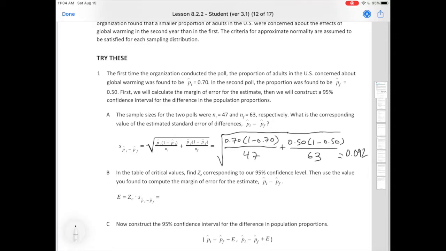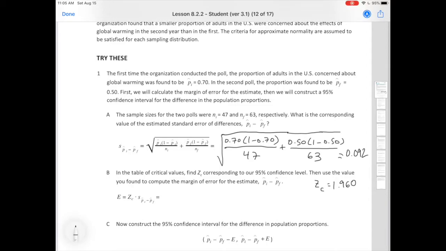So in the table of critical values, find z_c corresponding to our 95% confidence interval. Then use the value you found to compute the margin of error for the estimate p̂_I minus p̂_F. Remember, if you look at the table from before, z_c is equal to 1.960. You can drop this last zero, but you can put it in if you want to.